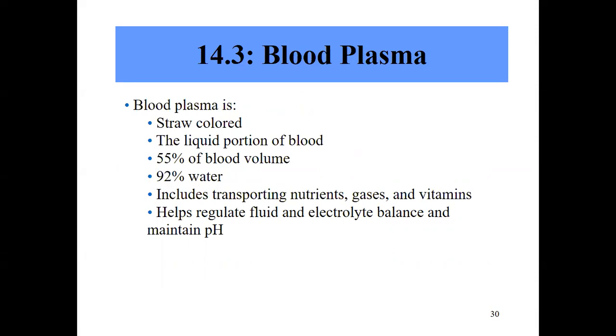Of the total blood volume, that is the blood drawn directly out of your arm, 55% of that is going to be blood plasma. I know that the whole thing looks red, but that's because the red blood cells are so abundant. But once you spin it down, or allow the solid bits to settle, you'll notice that a little bit more than half of the volume of blood is plasma.